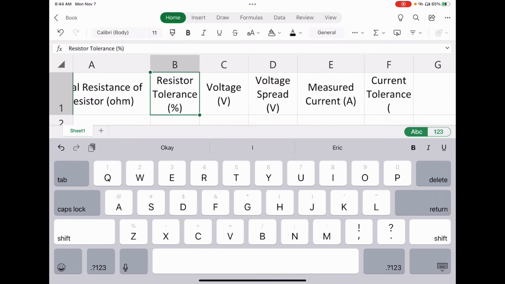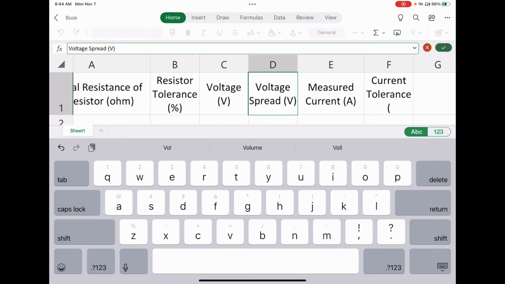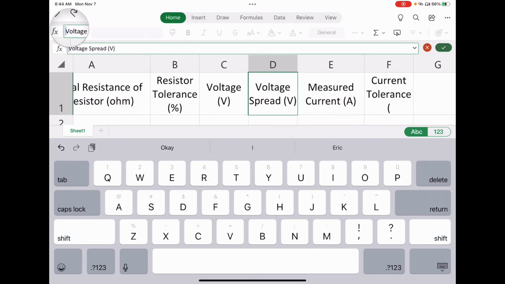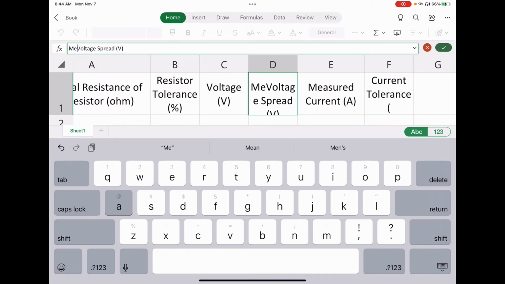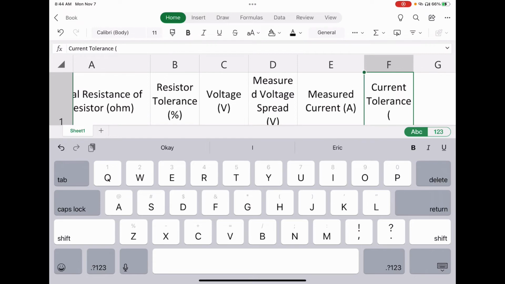So you see, we have resistance tolerance here, and then we have the spread in the measurable voltage. I'll say measured voltage spread. How about that?